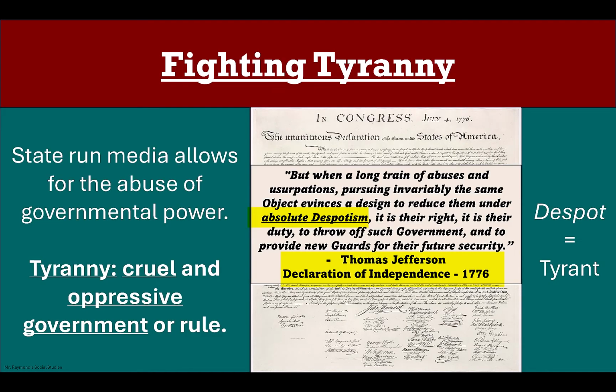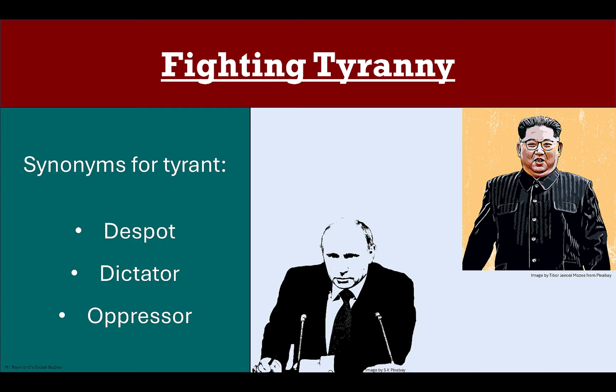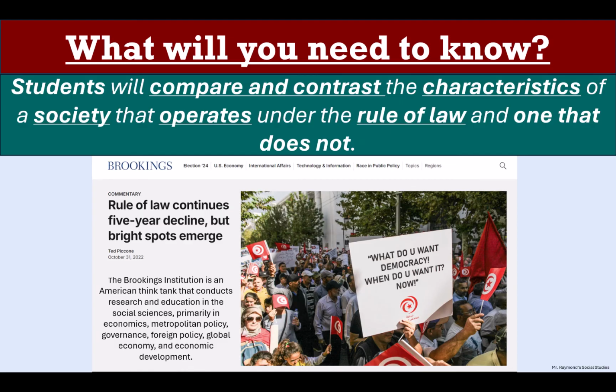On your exam, you will be tested on your ability to analyze excerpts written back in the 1700s, and knowing your vocabulary will be crucial. A tyrant, despot, dictator, and oppressor all mean the same thing: a ruler with minimal rule of law and limited rights for the people. So again, as we mentioned, you have to be able to compare and contrast the characteristics of a society that operates under the rule of law and one that does not.